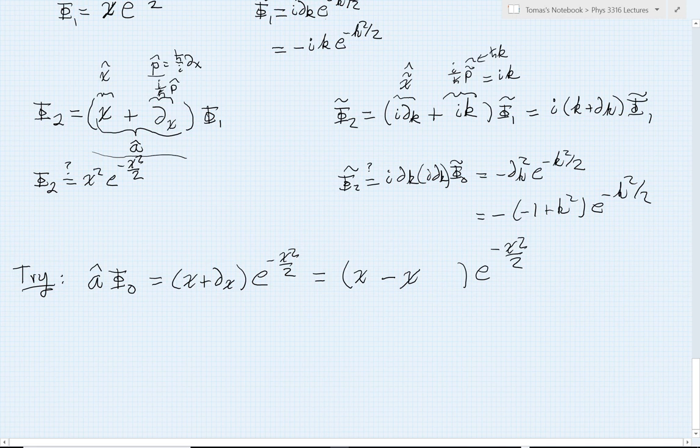That's not good, right? That just gave me 0. Now, it's true, 0 is its own Fourier transform, so I would have the same function in both spaces, but this actually is not a bound state. It just represents a state with 0 probability.